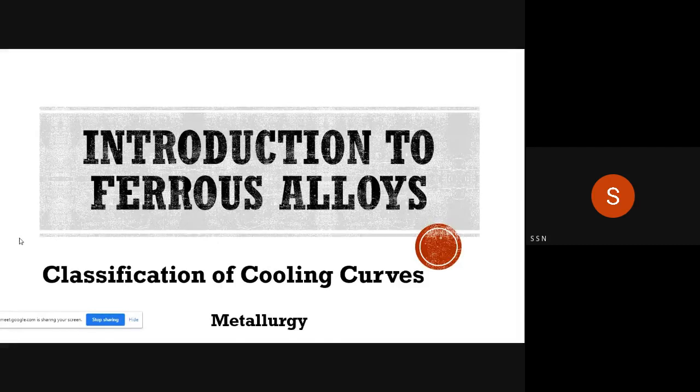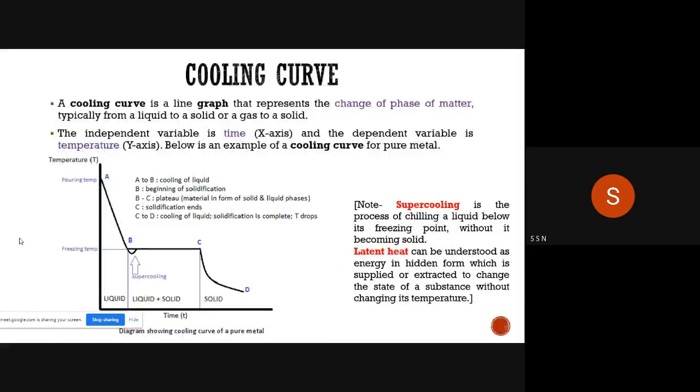So today we will see the classification of cooling curves. Before starting to that, just we will see what is meant by cooling curve. So the cooling curve is a line graph that represent the change of phase of matter. That means if you have increased or melted anything into liquid form, so that liquid form of metal, or that may be a solid solution, or that may be alloy.